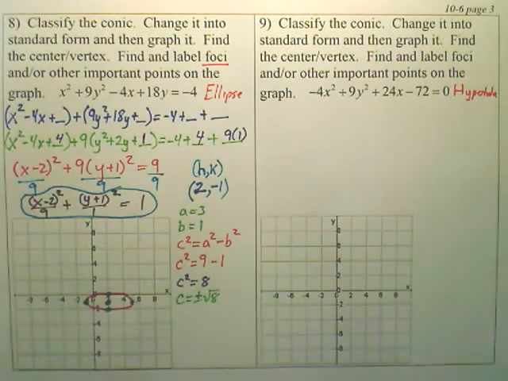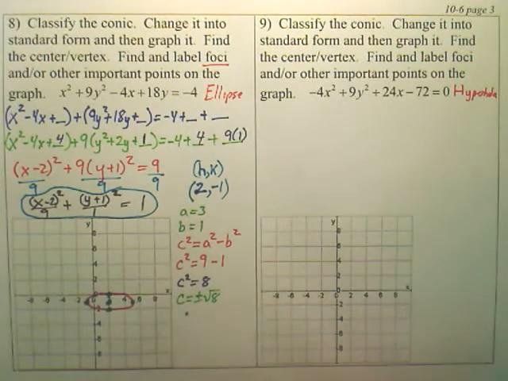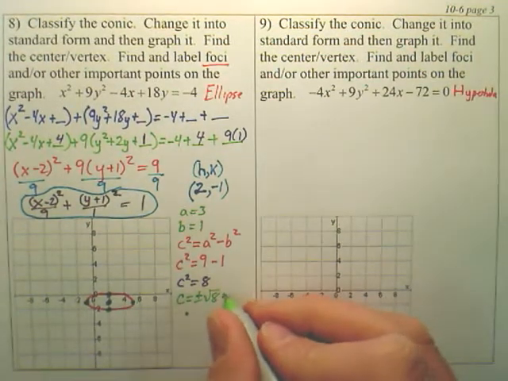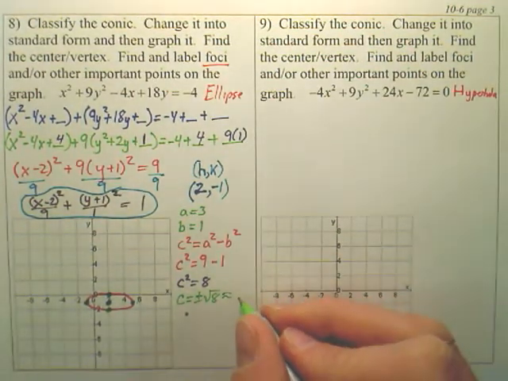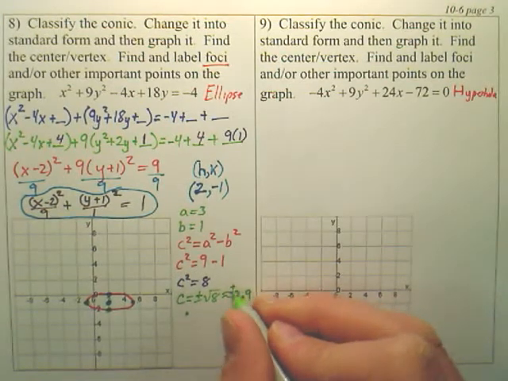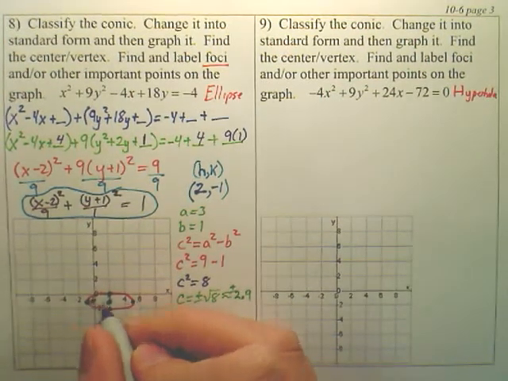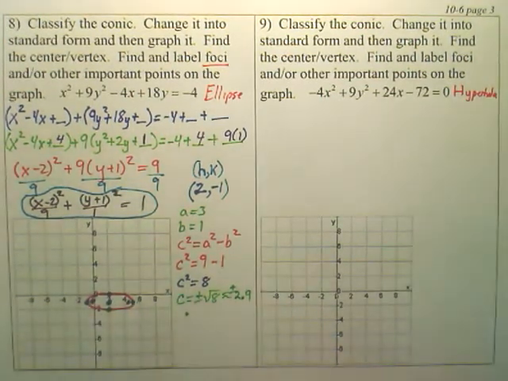So my foci would be plus or minus square root of 8 this way, which is approximately just a teeny bit less than 3. It's like 2.9, positive or negative 2.9, so the focal points are going to be very, very close, right up against there.